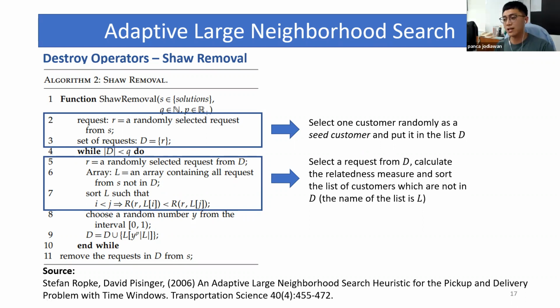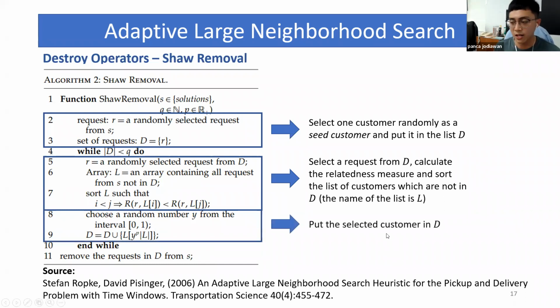After the sorting, the last phase is to put the selected customer in D. After you sort the list, you choose using line 9 here, you get the selected customer, and then you put it in D. That's how the shaw removal works.